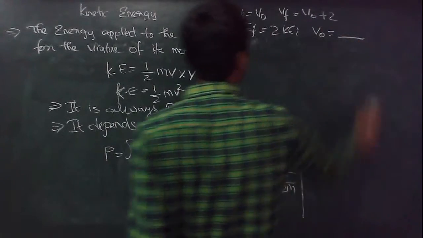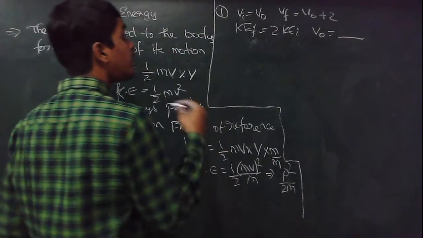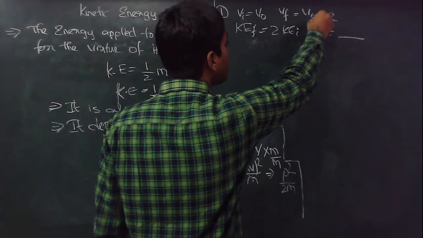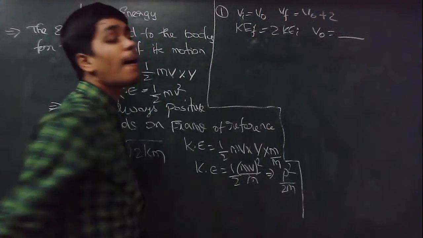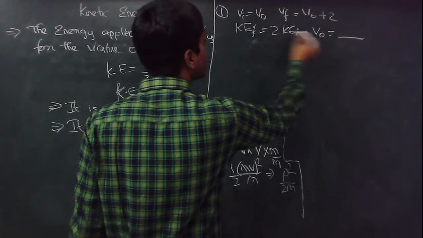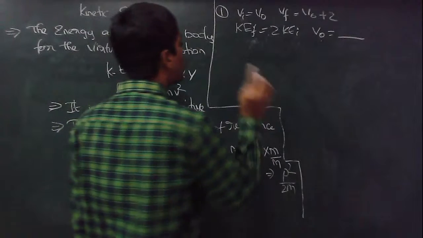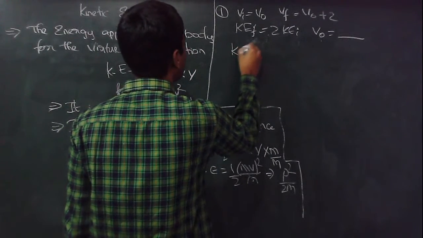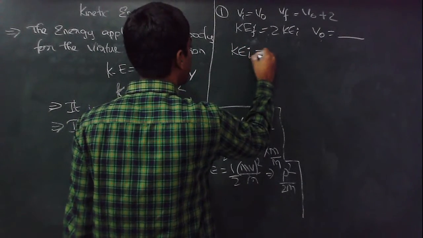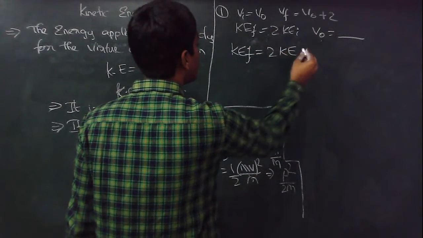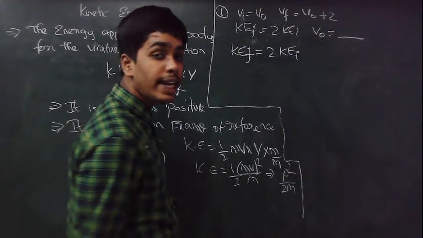Here it says that there is a block whose final velocity increases by 2 over the initial velocity and its KE becomes twice. So what is the original speed of the block? First we want to write the kinetic energy: KE final is equal to 2 times KE initial.